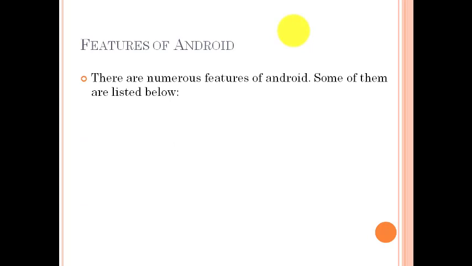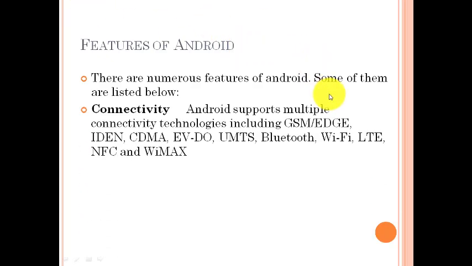Now the first topic is the various features of Android. Remember students, there are n number of features available in Android, but in this topic we will only discuss the very important features of Android. The first very important feature in Android is connectivity.